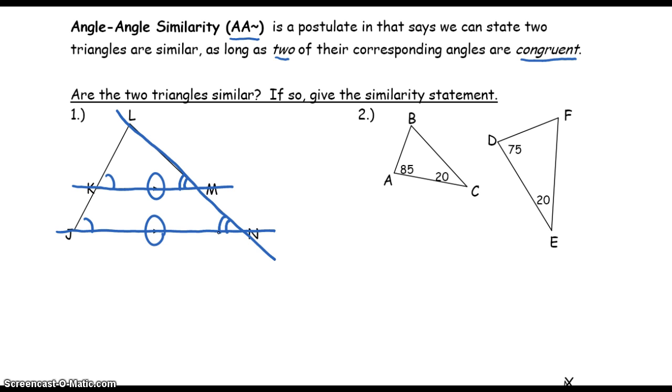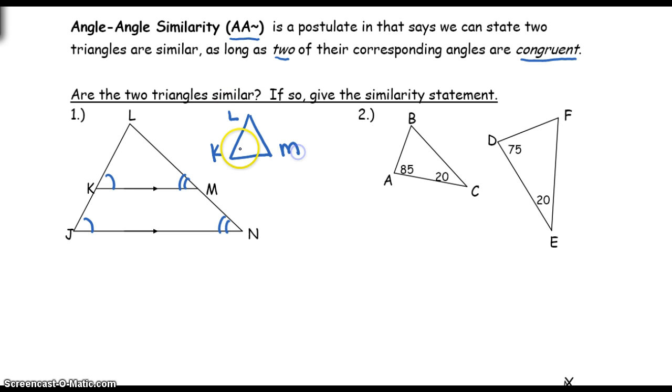Now for some of you, you might be struggling a little bit, wondering what is going on on the screen here. I'm going to leave my angles marked in there, but let's look at the triangle as a little triangle. I'm going to go ahead and draw it out, and as a big triangle, the great big triangle here. So LJN.